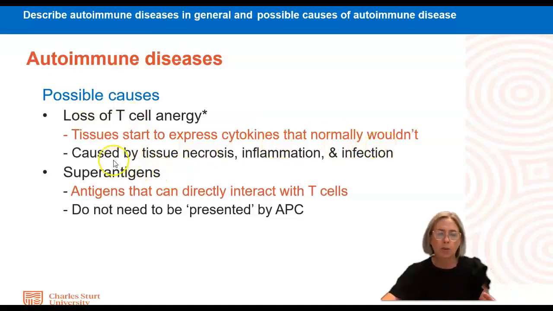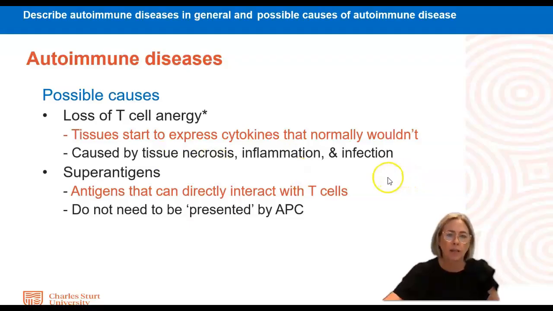And this can be caused via tissue necrosis, so cells dying off, or inflammation, or infection. So what happens here is these cells dying off will stimulate T cells to proliferate when they shouldn't, and that's then going to cause that damage. And the final possible cause is due to these superantigens.